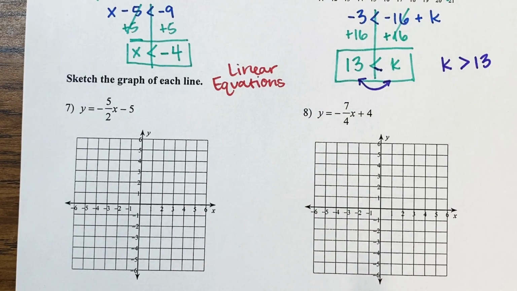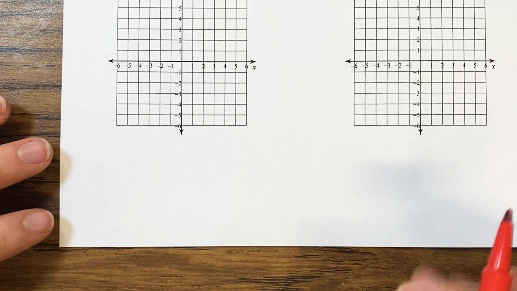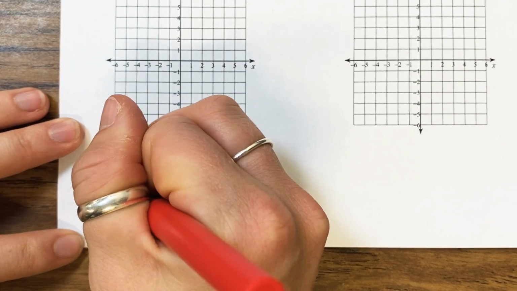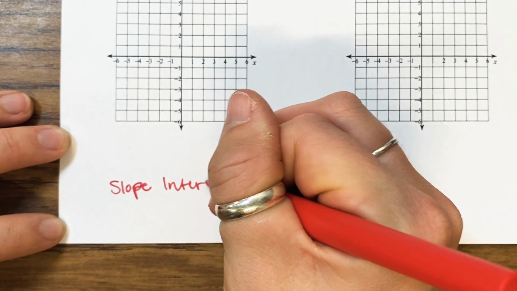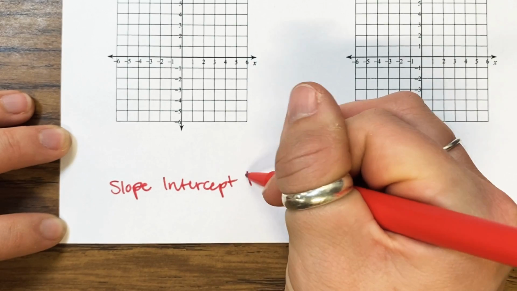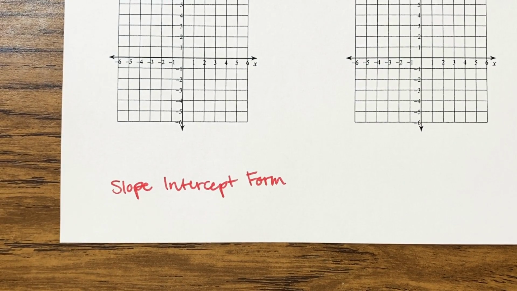Okay, so when we're graphing linear equations, these guys are all in slope intercept form. Okay, so write these notes on the bottom of your paper, especially because you'll get to use these on your test next time, right?